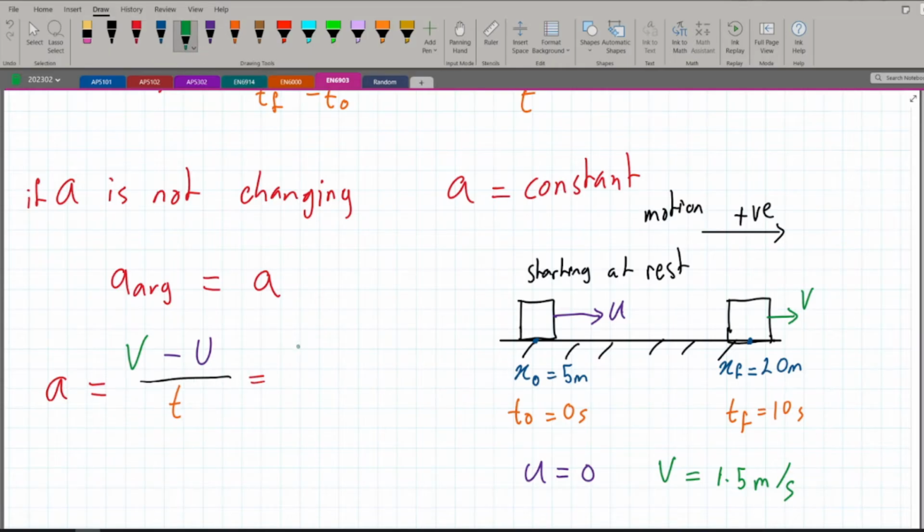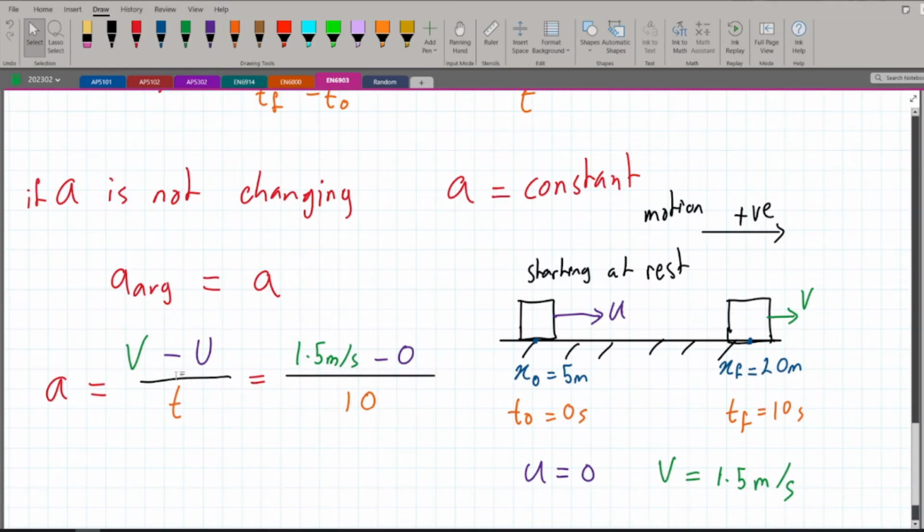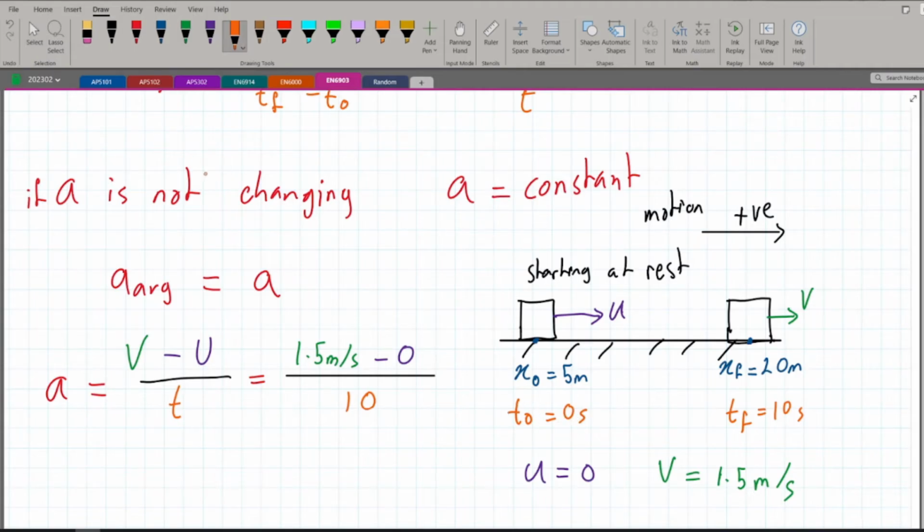It is 1.5 meters per second minus 0, because our initial velocity in this case is 0, divided by the time it totally takes. So initial time is 0, so tf is the only time there is, which is 10 seconds. Because it is tf technically minus t0, but we will always assume t0 is 0 unless in a certain situation it is otherwise. All right? So it is over 10 seconds.